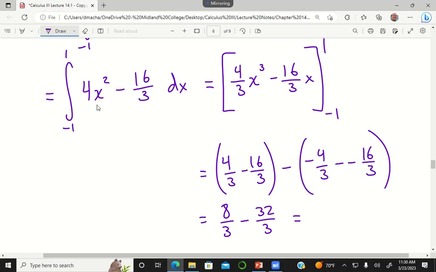Oh, sorry, yeah. I was looking at just the 4/3 together, and then I was looking at just the 16/3 together. No, I wasn't doing the parentheses. If I were doing the parentheses, then you're right. 4 minus 16 would be -12/3. And then the next set of parentheses would be -4 plus 16, which would be +12/3, except I'm subtracting it, so it'd also be -12/3, like that. So yeah, -24/3. Did I do that right?